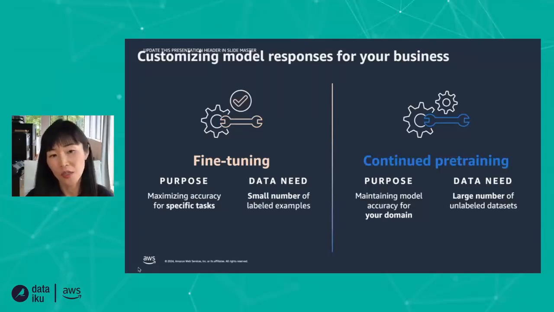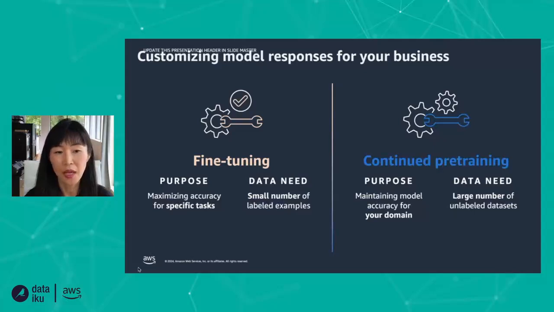A common technique used to customize foundation models is fine-tuning. With fine-tuning, you can provide labeled datasets which are annotated with additional context to train the model on specific tasks. You can also leverage your unlabeled datasets or raw data to maintain the accuracy of your foundation model for your domain through continued pre-training.